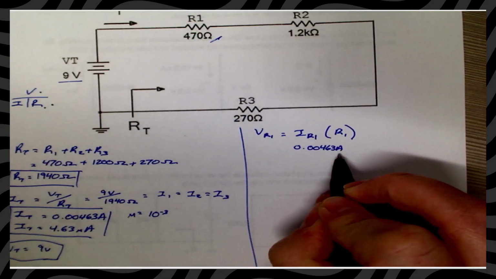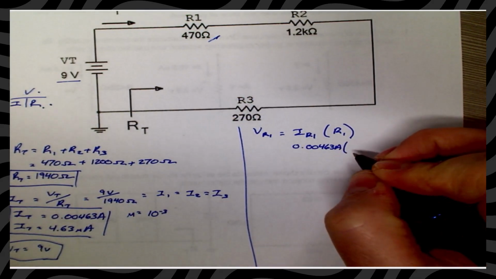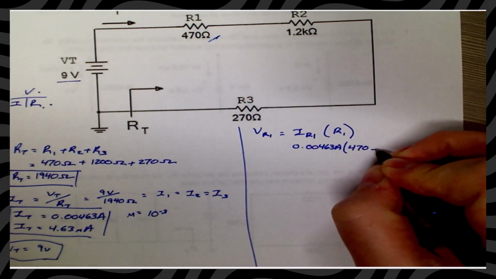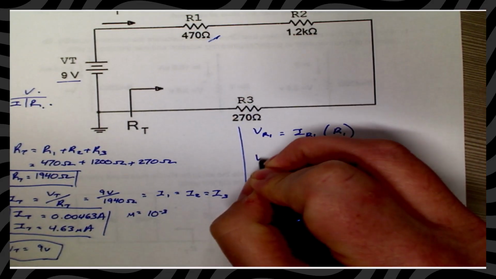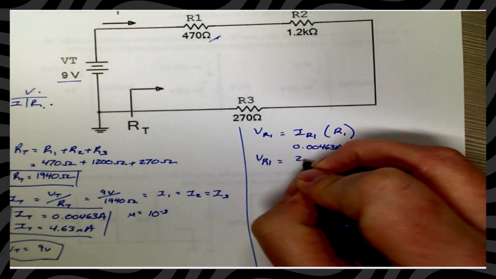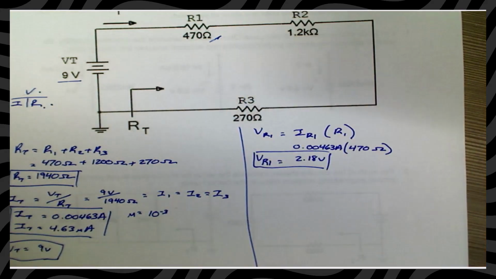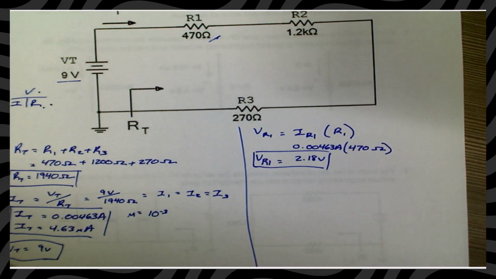Remember, we have to use amps when doing Ohm's law. Multiplied by 470 ohms, that tells us our voltage at resistor 1 is going to equal 2.18 volts. And that's how we do it for the first one.